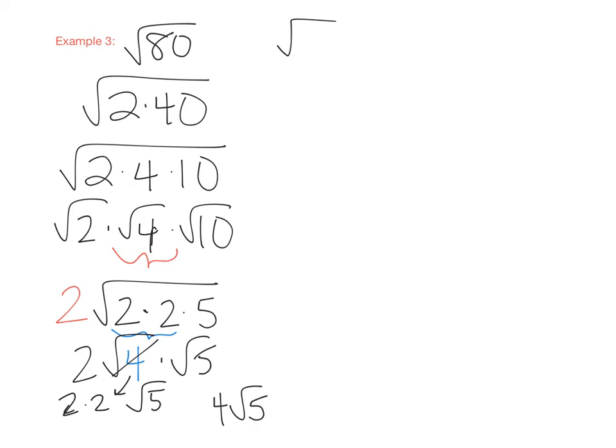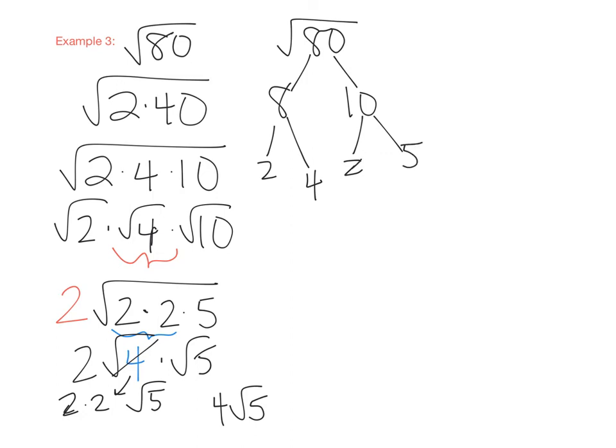Let's try it from the factor tree approach. So let's try breaking it down a different way. 8 and 10. We can break down 8 into 2 and 4. And 10 can be broken down into 2 and 5. This 4 can still be broken down into 2 and 2. So let's pair some things up.